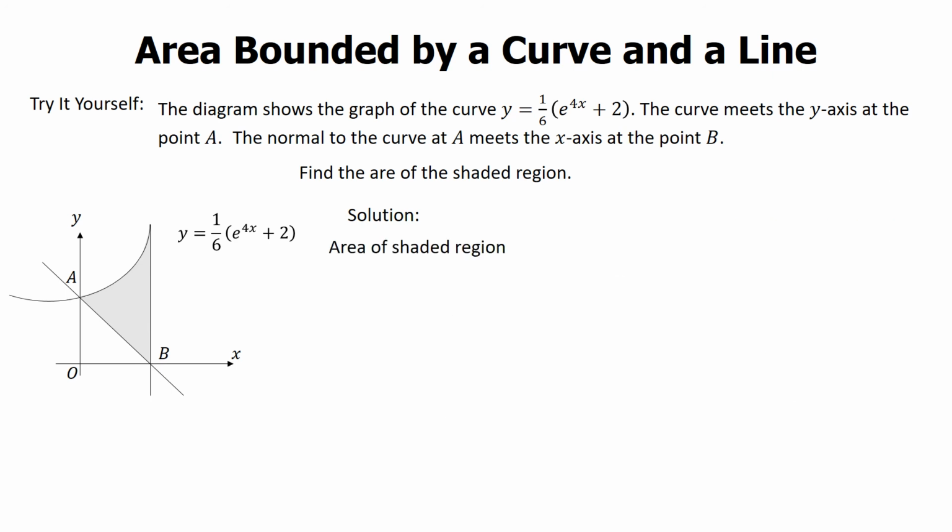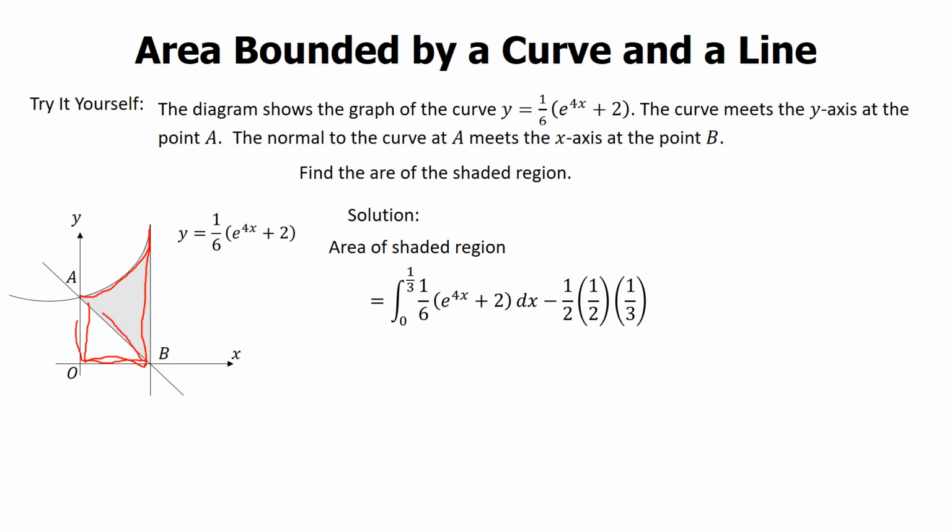Next, to find the area of the shaded region, it will be the integration from 0 to 1 over 3 of 1 over 6 e to the power 4x plus 2 dx, which is the area under the graph from this to this. Okay, and then minus the area of this right angle triangle, which is half times the base, the base is half, the height is 1/3.